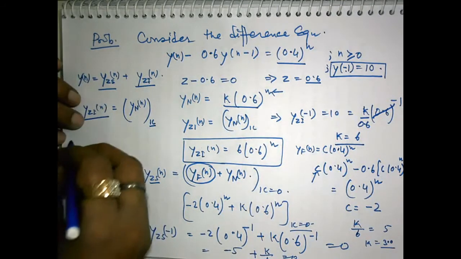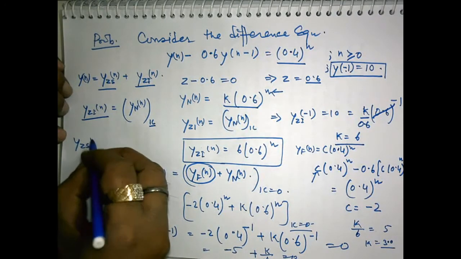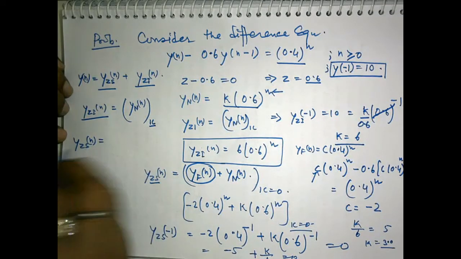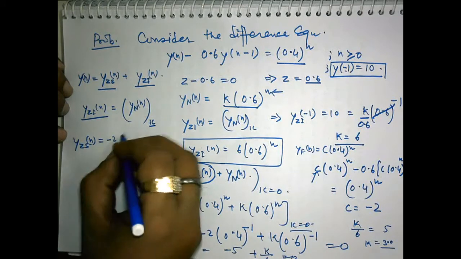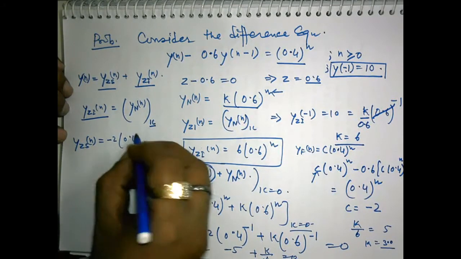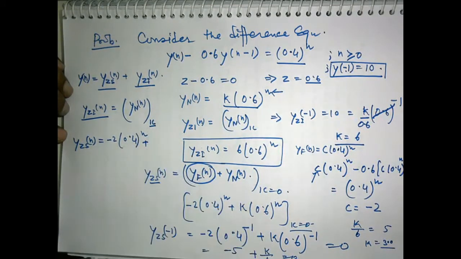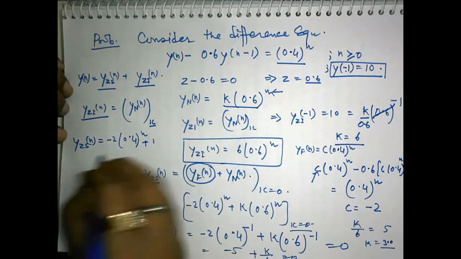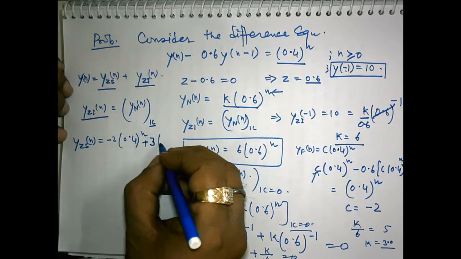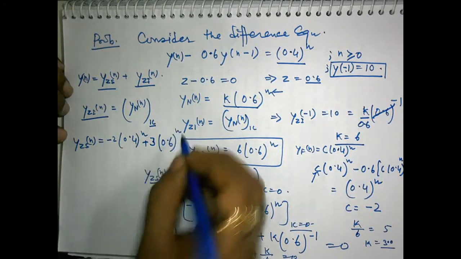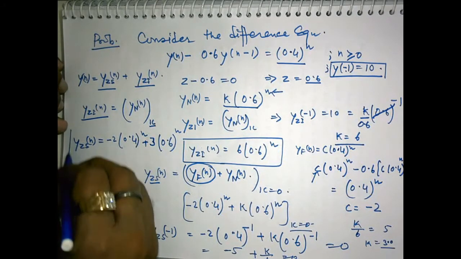So y_ZSN is equal to minus 2 (0.4)^n plus, this is the general form, k means 3 times (0.6)^n. This is y_ZSN.